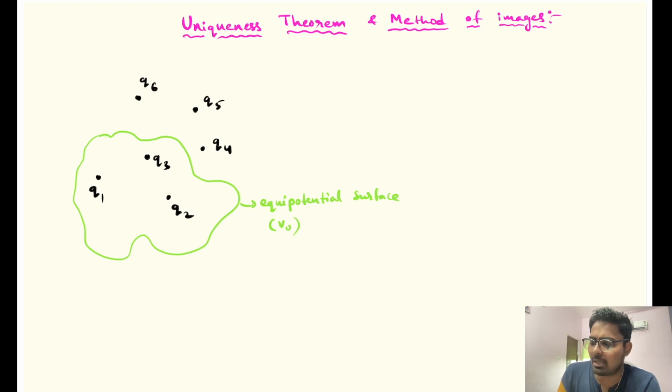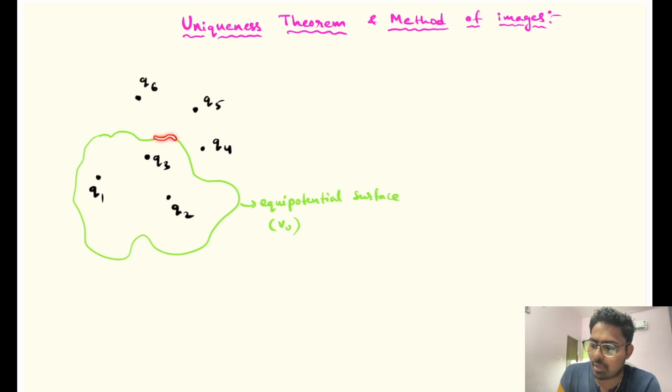What does that mean? That means if I find the potential due to all these charges on the surface that I took, wherever I find the potential, it will be equal to V0.